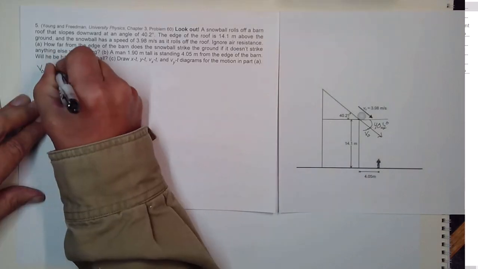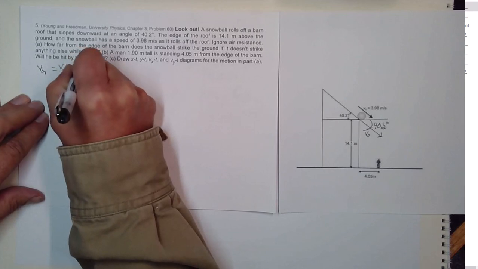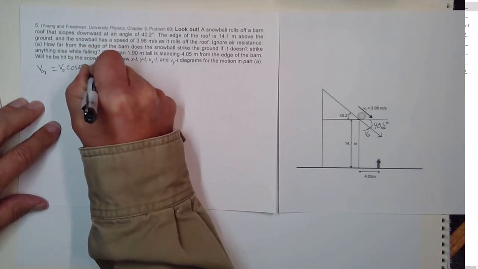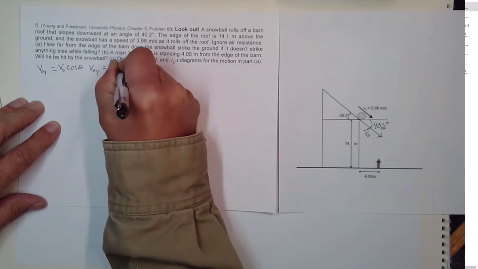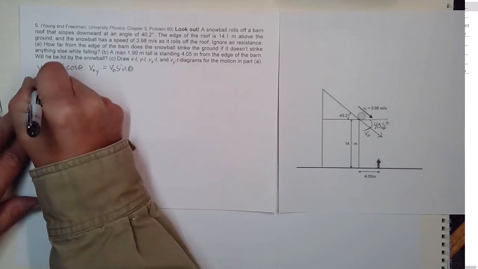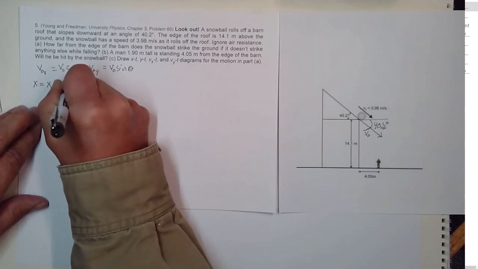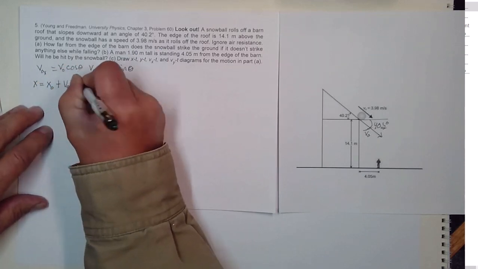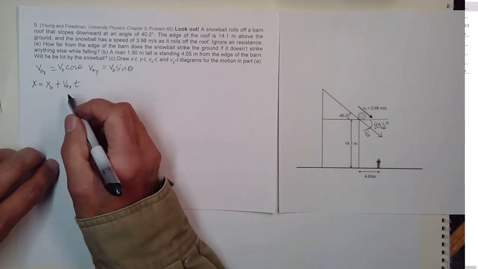V naught x will equal V naught cosine theta. V naught y will equal V naught sine theta. X equals x naught plus V naught x t. By the way, you should be getting to the point where you can write these down from memory or know that you want to copy them from the formula sheet.